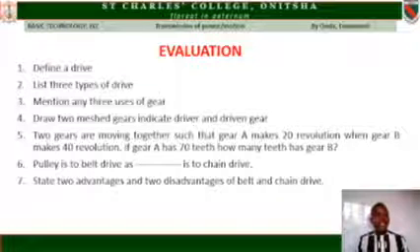Five, two gears are moving together such that gear A makes 20 revolutions when gear B makes 40 revolutions. If gear A has 70 teeth, how many teeth has gear B? That's gear ratio. You have to calculate that. Six, pulley is to belt drive as dash is to chain drive. And lastly, number seven, state two advantages and two disadvantages of belt and chain drive.